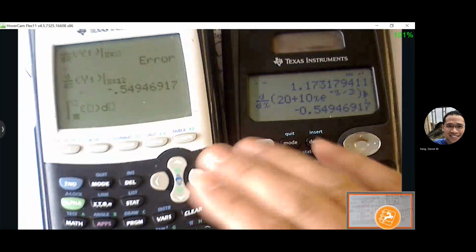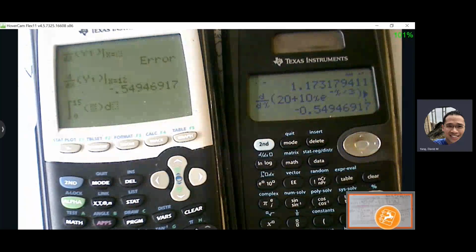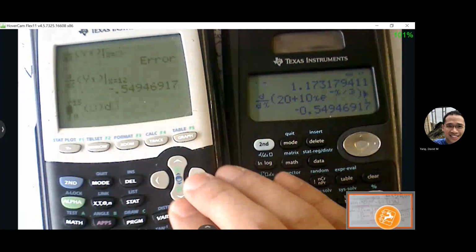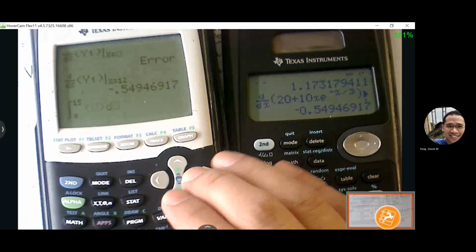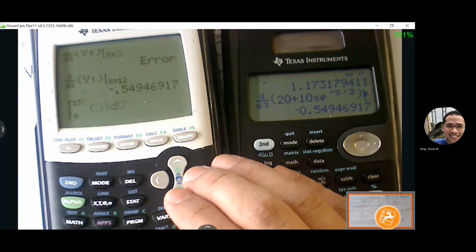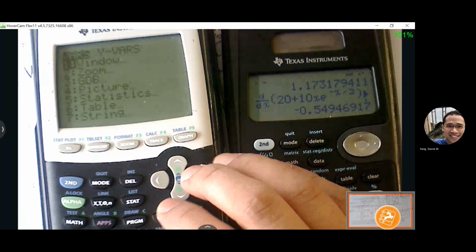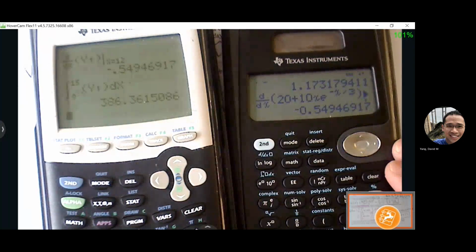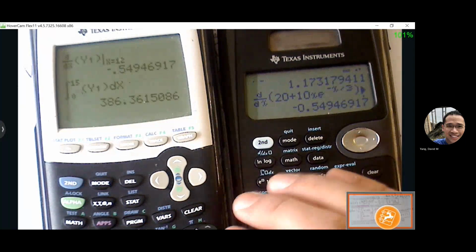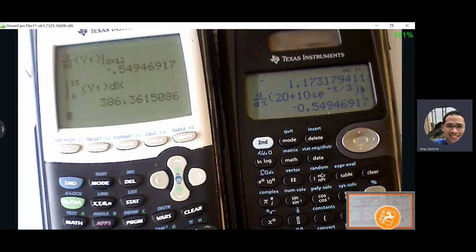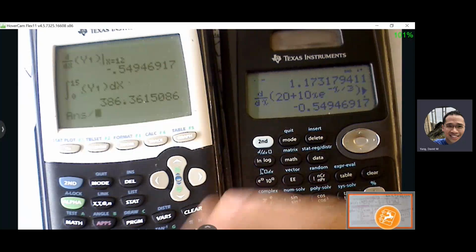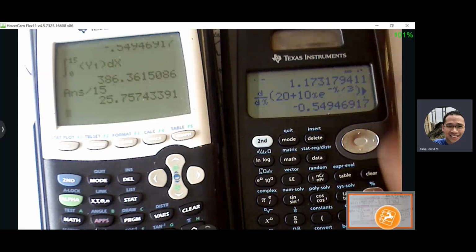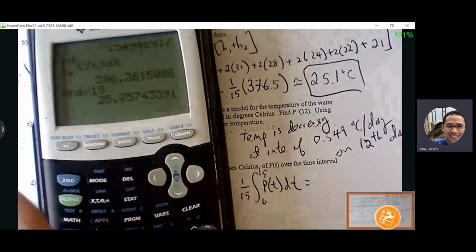Math 9. I already have P of T stored under my y1. This is not the average temperature yet, I still have to multiply by 1/15, or divide by 15. All right, that's reasonable: 25.75 degrees Celsius.